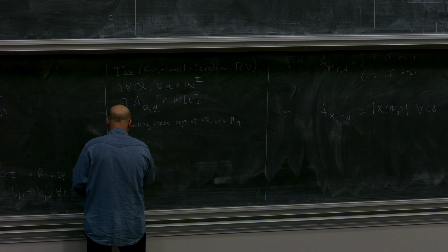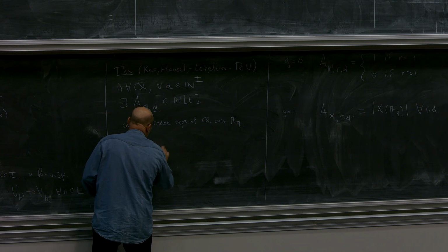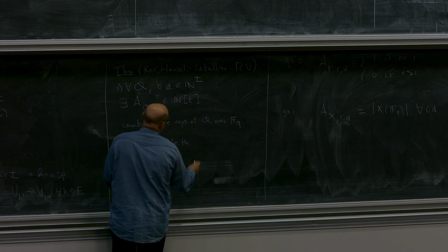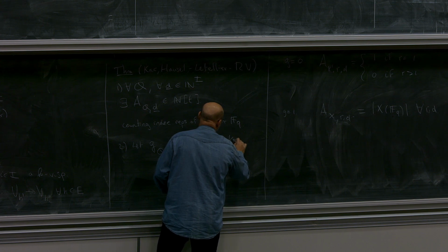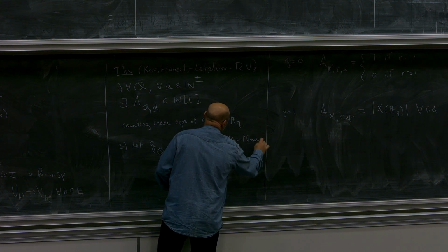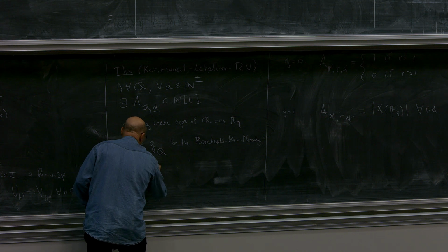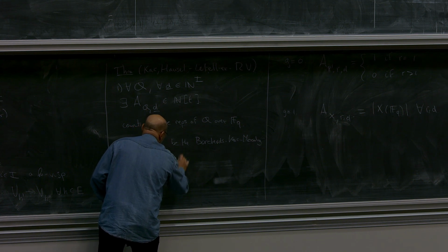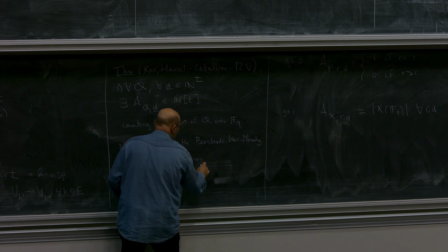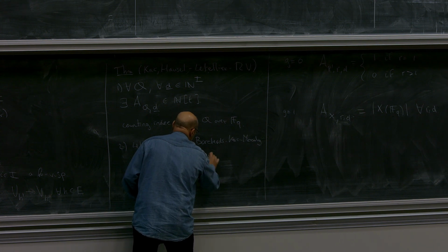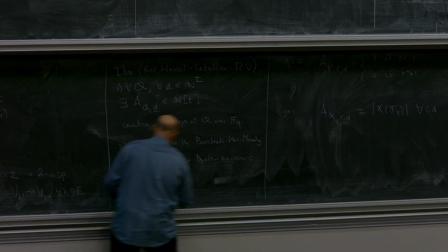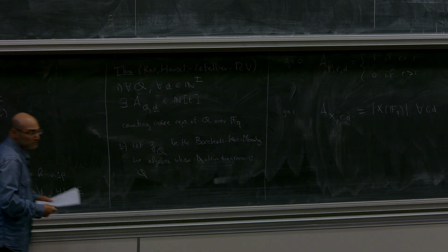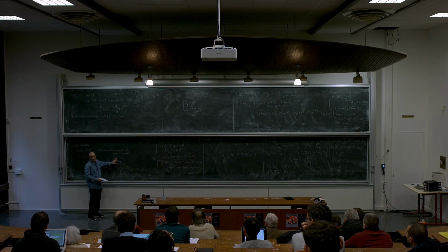Okay, and number 2, let G_Q be the Borcherds–Kac-Moody Lie algebra, finally, whose Dynkin diagram is Q, is the graph underlying Q. So for any graph, I can associate an infinite dimensional, usually, Lie algebra.